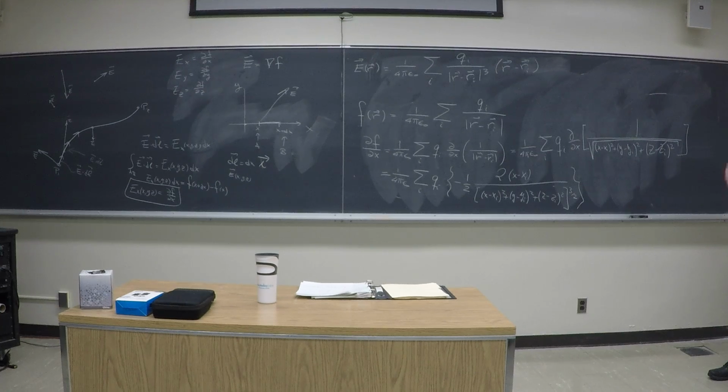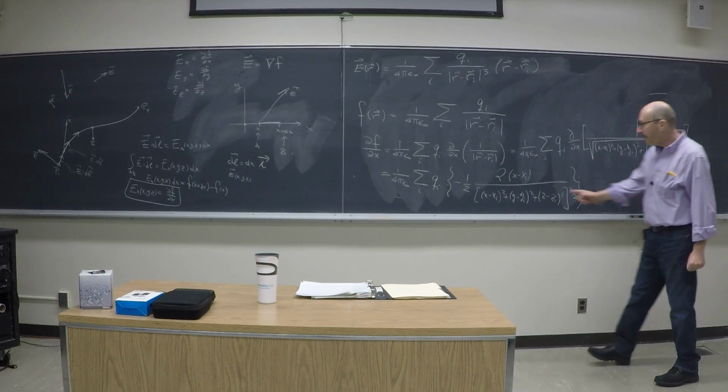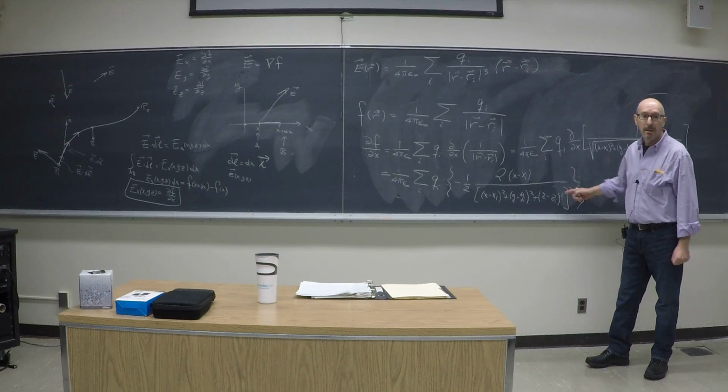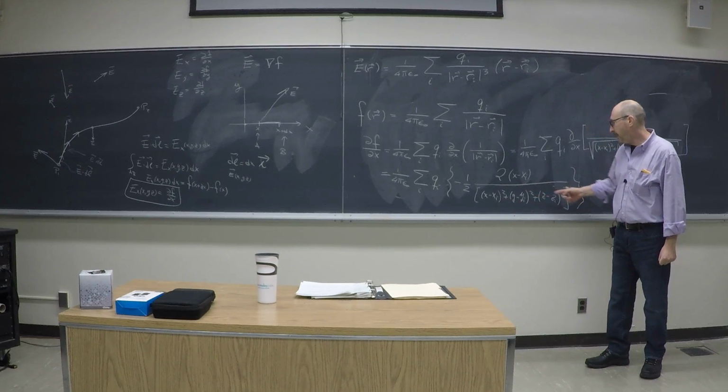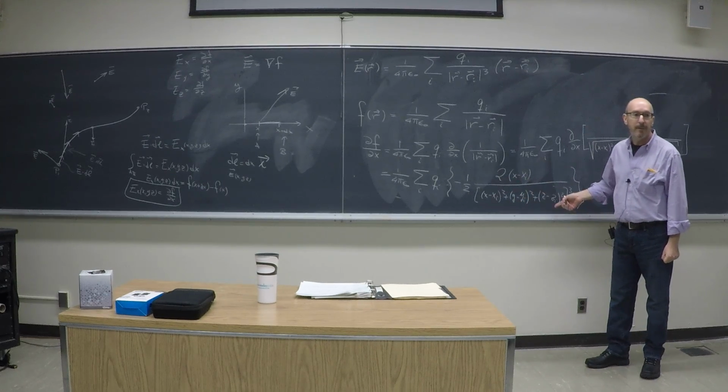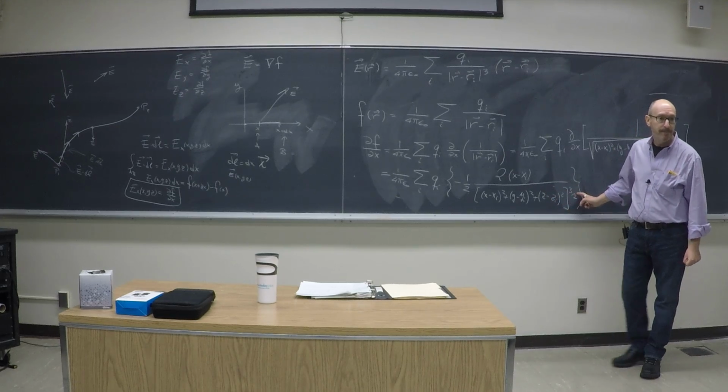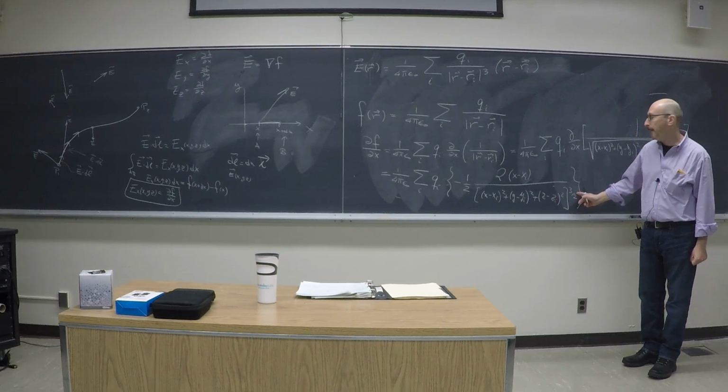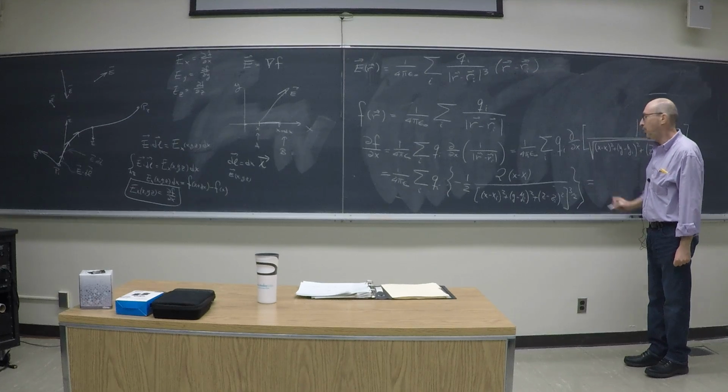And it turns out that the thing at the bottom we can undo, and it is nothing but the magnitude of r minus ri cubed. We can do that again. So this is only for shorthand notation.